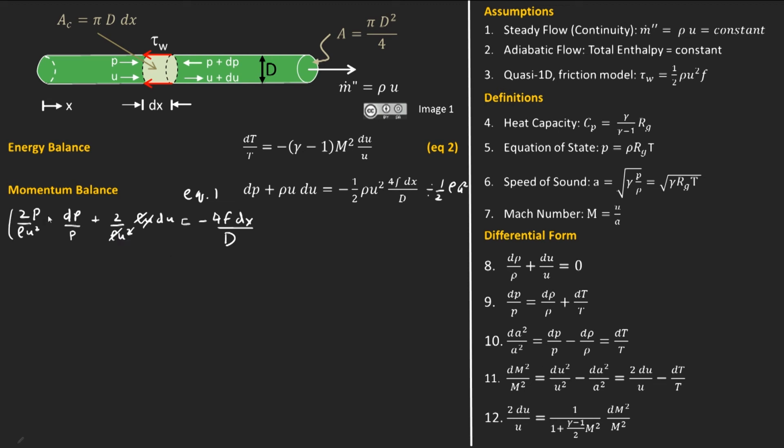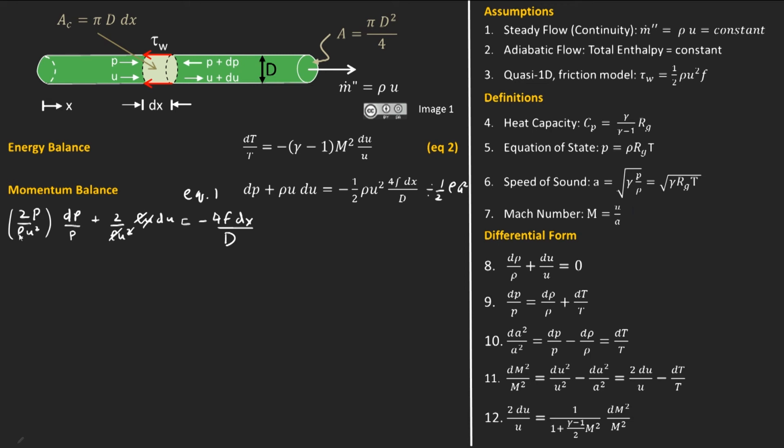Let's focus our efforts now on this term that we have grouped here as 2p over rho u square. We want to express this in terms of the Mach number. To do that, we again need to look at algebraically what steps get us to the Mach number. First, we can see that there is a p over rho, and looking at the definition of the speed of sound, the square root of gamma p over rho equals the speed of sound a, or a square would be gamma p over rho.